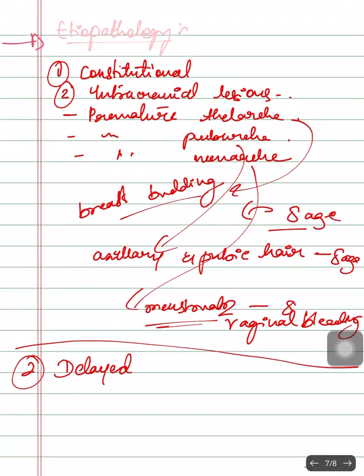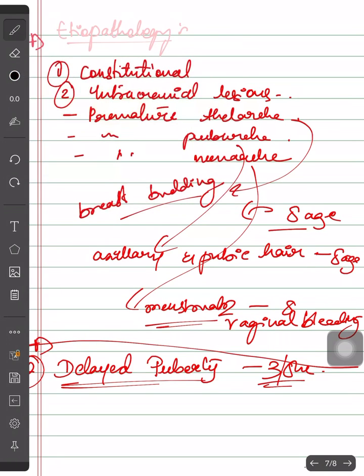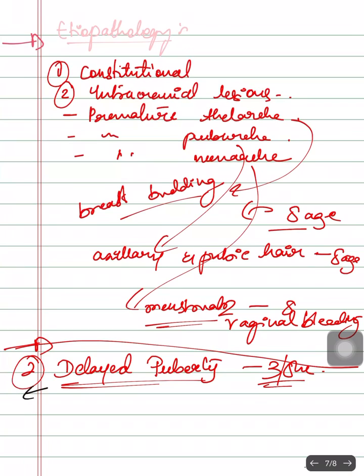Next, I will talk about delayed puberty, and it is also a must-know question for 3 marks, 5 marks. So I will first give the definition. Puberty is said to be delayed when the breast tissue, pubic hair or menstruation appears after 16 years.